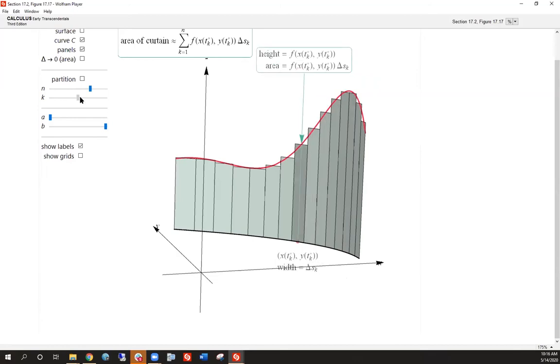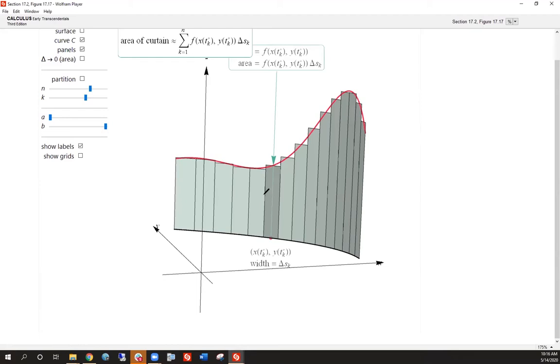And notice, in order to find the area of each partition, you need to know the height. And the height is pretty straightforward. This is going to be given by our function f, but you also need to know the length or the width of the rectangle. And in this case, the width of the rectangle is given by an arc length.